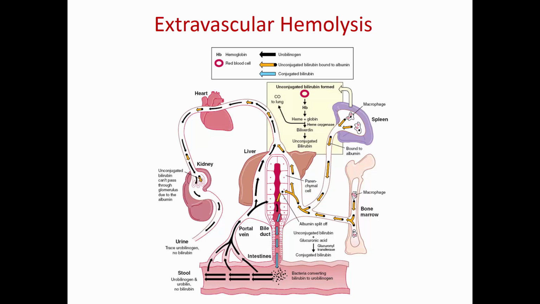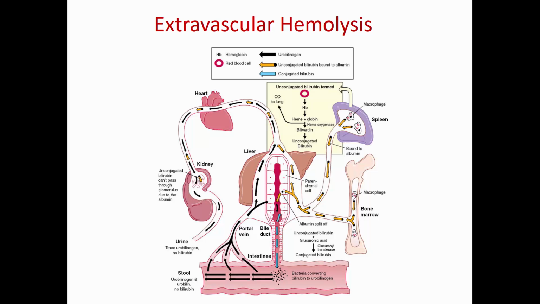So inside of the macrophages, we are still inside of the macrophages. In the cytoplasm of macrophages, the protoporphyrin is going to be converted into a compound called biliverdin. Protoporphyrin is going to be converted to biliverdin.